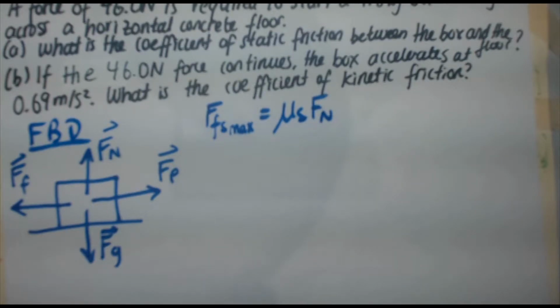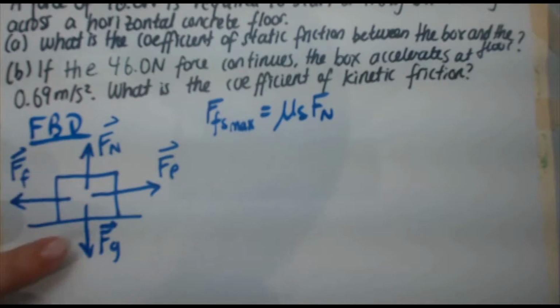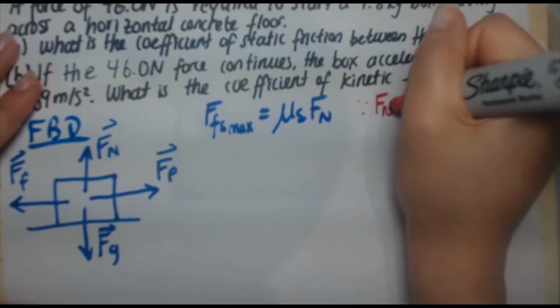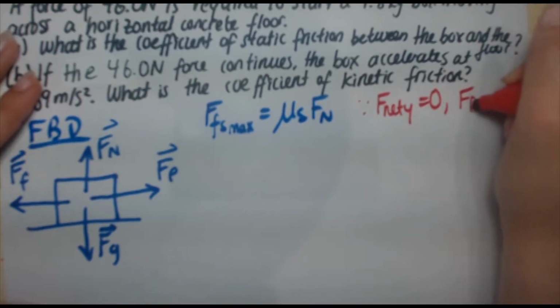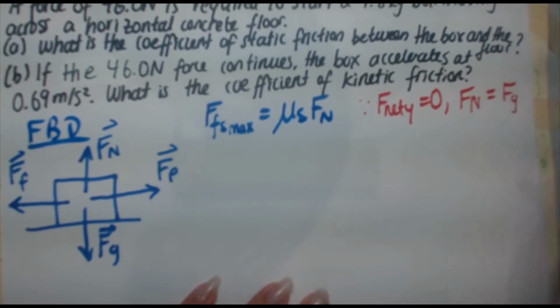But there's a couple of things that we also have to identify here. First is that the box is not accelerating up or down. Therefore, since F net y is equal to 0, we can say that Fn, the normal force, is equal to the magnitude of the gravitational force.